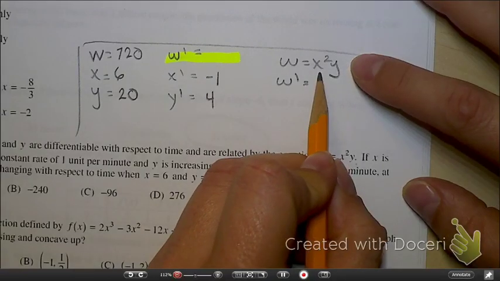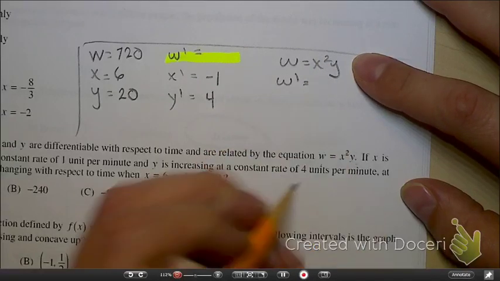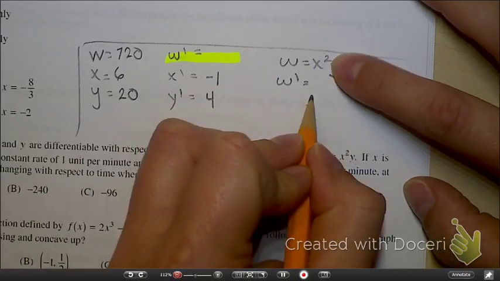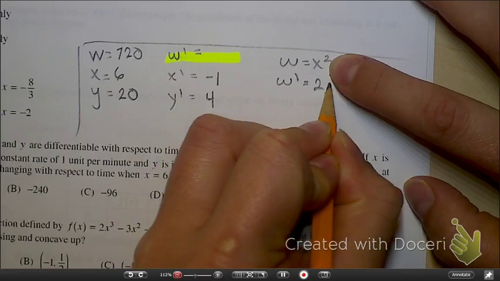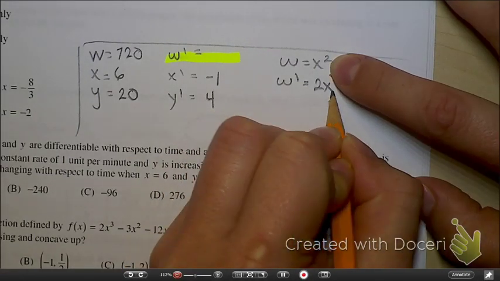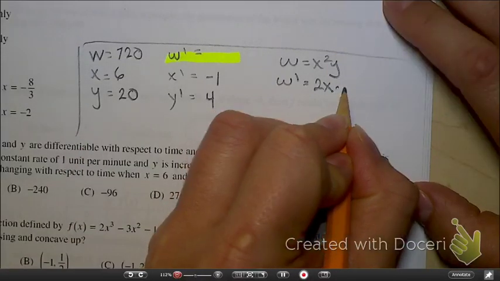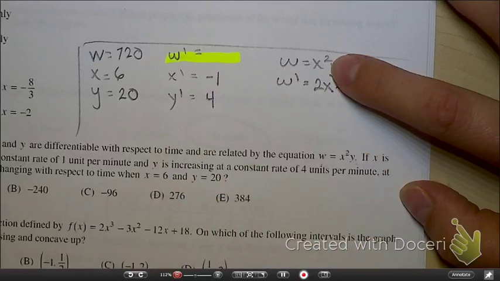So product rule says derivative of the first. So I want to know the derivative of x squared. The derivative of x squared is 2x. But since this is a related rates problem and x is not the important variable, not only is the derivative 2x, but then times x prime. That's the derivative of the first piece.